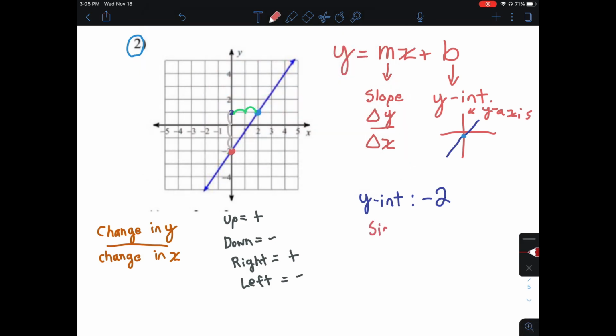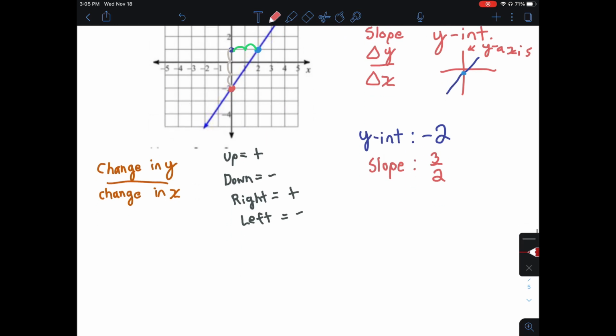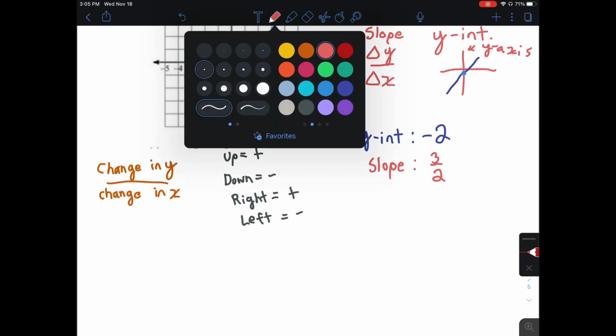Our slope will be 3/2. That's your final slope, as this cannot be simplified anymore. But it's not our final answer.